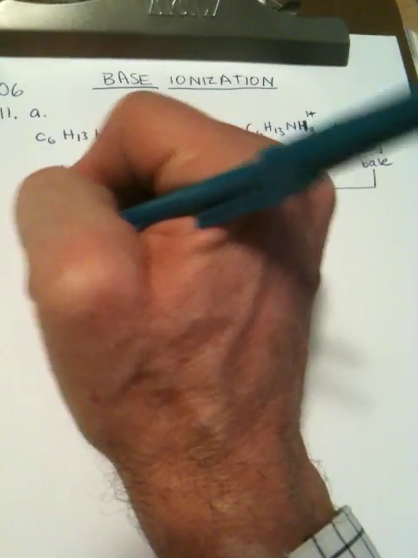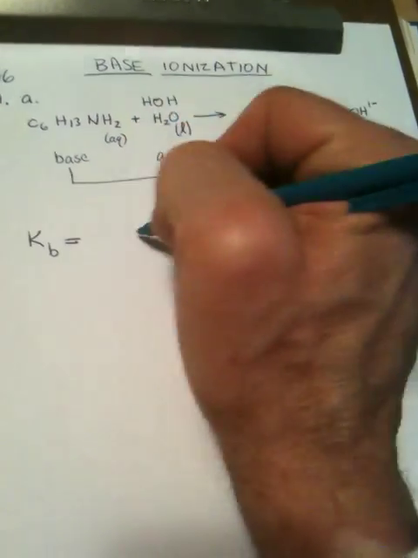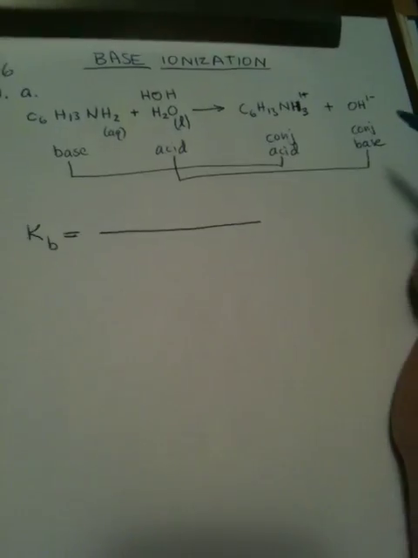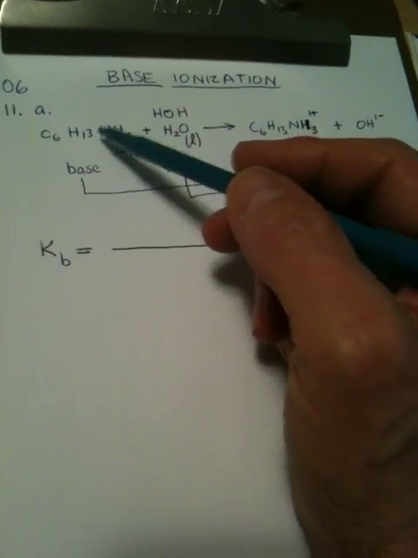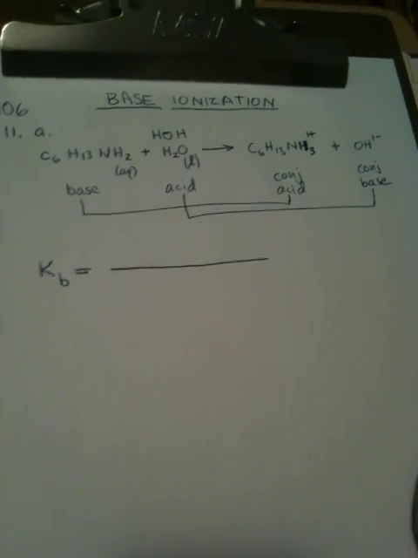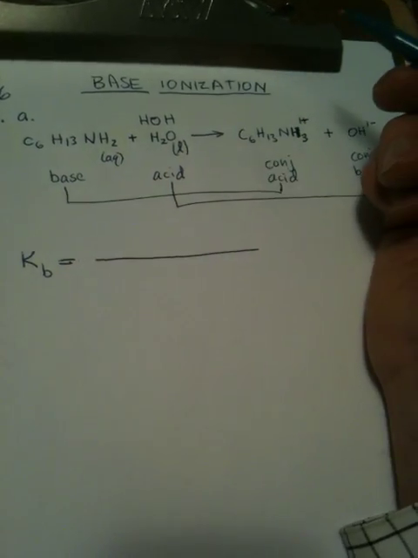Now, let's do the K sub B. K sub B is the equilibrium constant of the base. And just like we did with the acid, we're going to put our products on the top, and we're going to put our reactants on the bottom, but water is not part of that, as it never is part of equilibrium when it's in the liquid state.